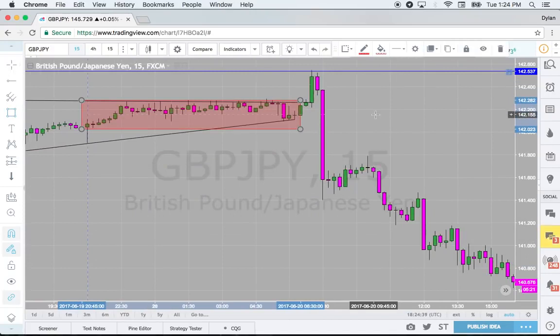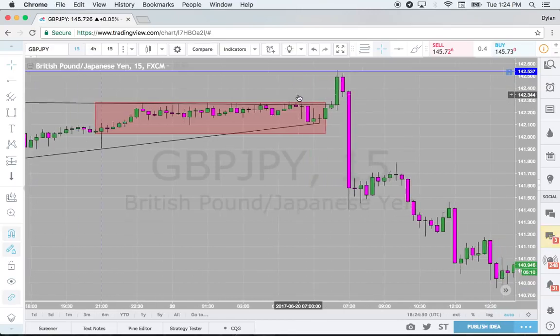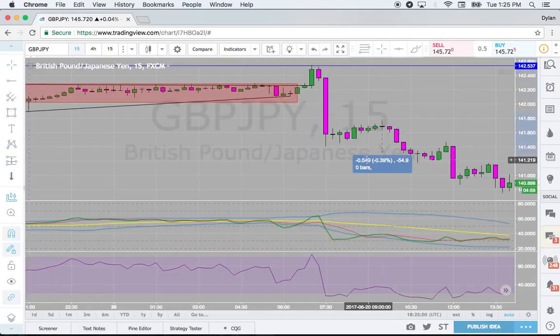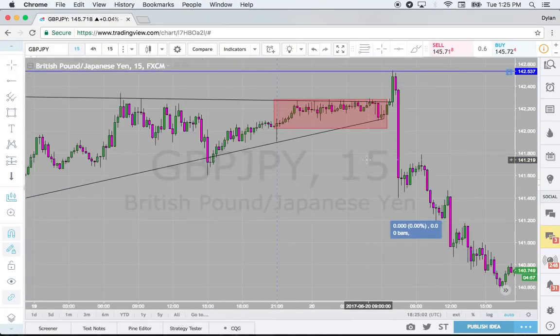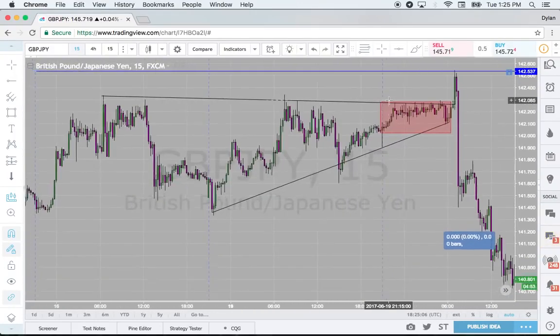That breakout, one candle, gives 15 minutes to any retail traders to buy when they see that breakout. And then what happens? In 30 minutes, boom, there is a 100 pip crash from that wedge.